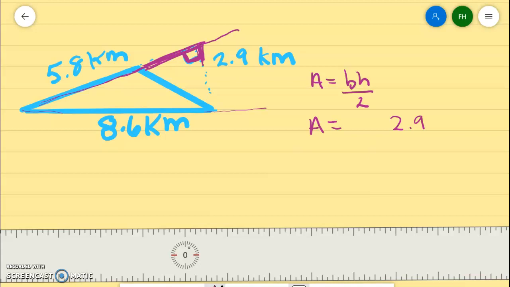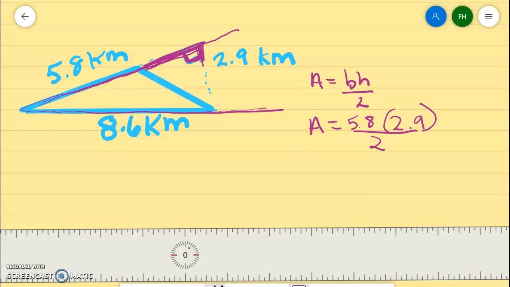So the base has to be 5.8, and that's very tricky and hard to explain. But just remember, if I were to extend this base and extend this base, which one runs into the right angle? Well, the 5.8, and that is how we know what to use for the base.